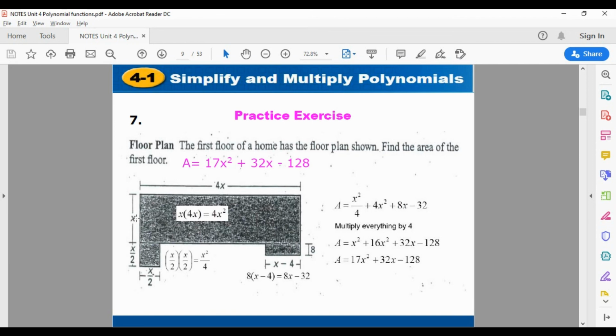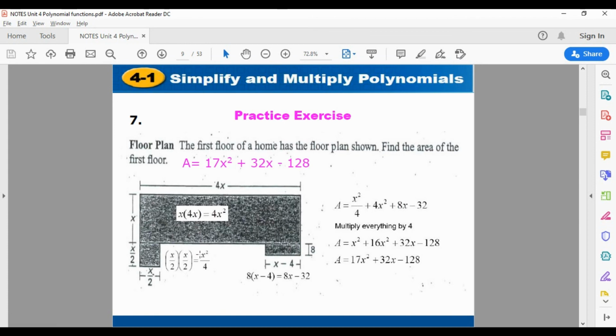This large rectangle here is 4x times x, the length. So this is 4x times x, which is 4x squared. So that's one of the components. We have this rectangle here, which is x, going to be half and half.